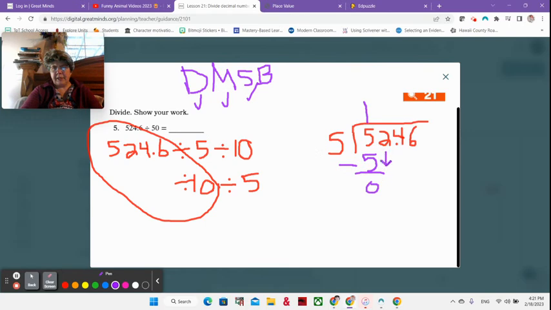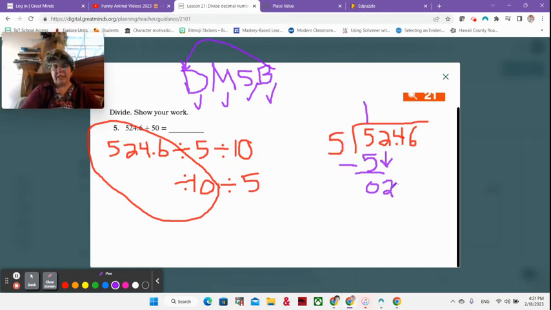And then we're going to bring down our 2. Okay, then we're going to go back to the beginning and do it again. But now we have 2, right? So 2 cannot be divided by 5. If I have 2 donuts, to split them among 5 people, I would have to put them into smaller pieces, right?